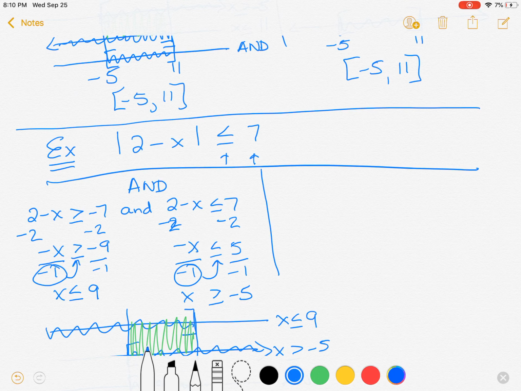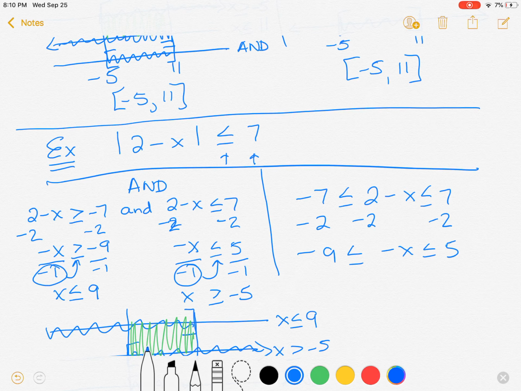Now, when I go to the setup for the other one, I would set it up between -7 and 2 minus x and +7. So I'm going to subtract 2 from both sides. And I get -9 less than or equal to -x less than or equal to 5.